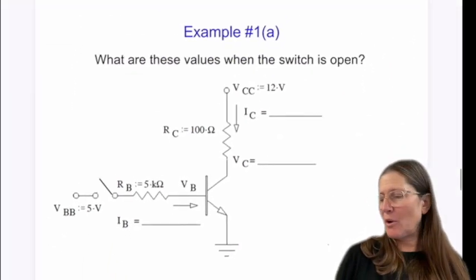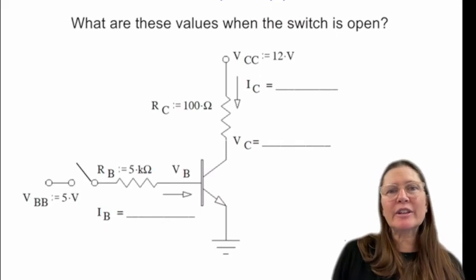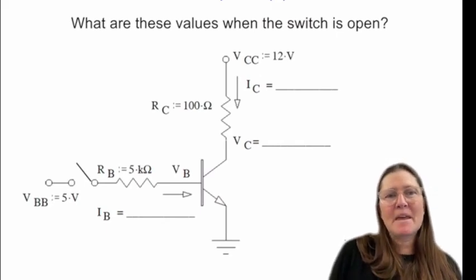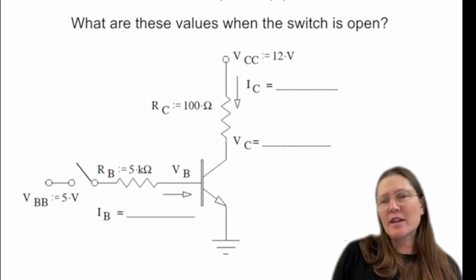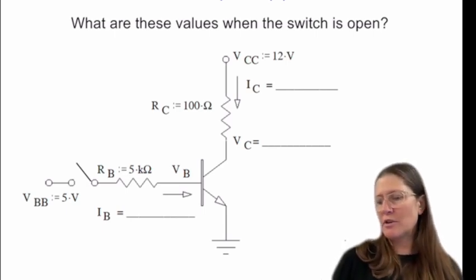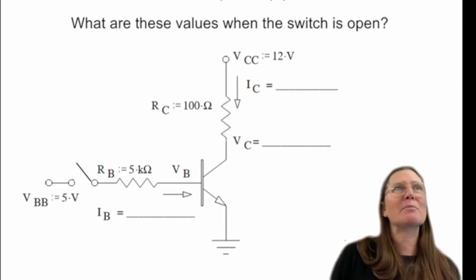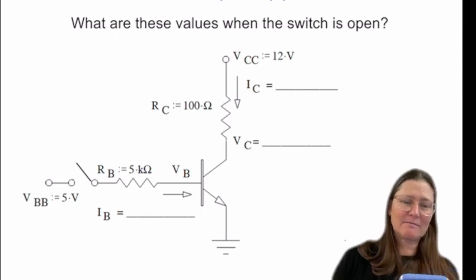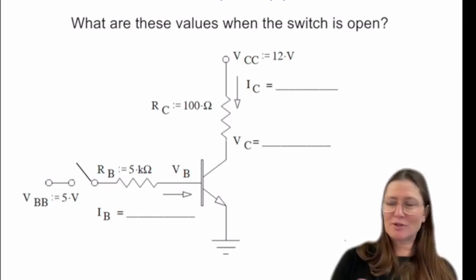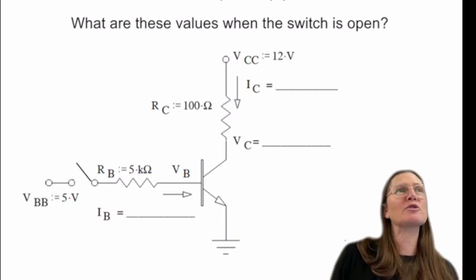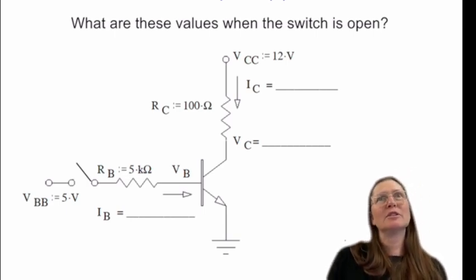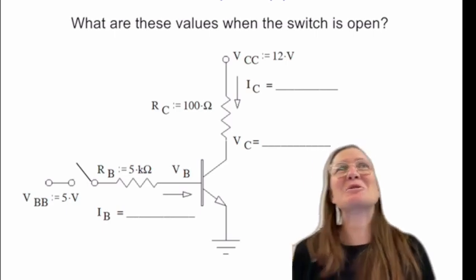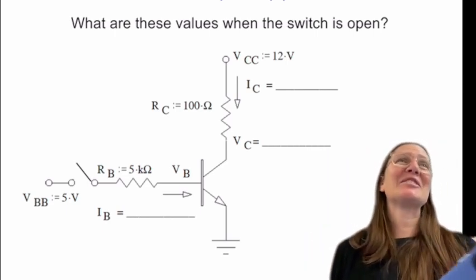Okay, so looking at this one, if you have nothing connected to the base, what happens, do you think? Any thoughts? Correct. So what would you assume the transistor is going to do? Which would be 0, which is off.